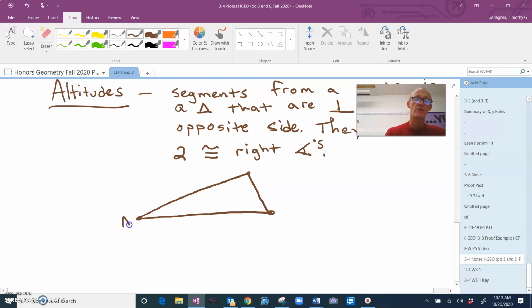So I'll call this triangle ABC. And I'm going to draw a segment from vertex B to point D on the opposite side. The opposite side to the vertex B is AC.